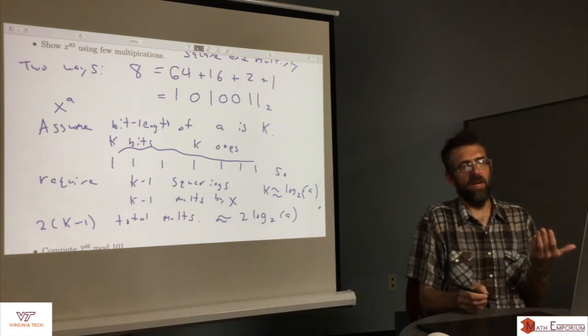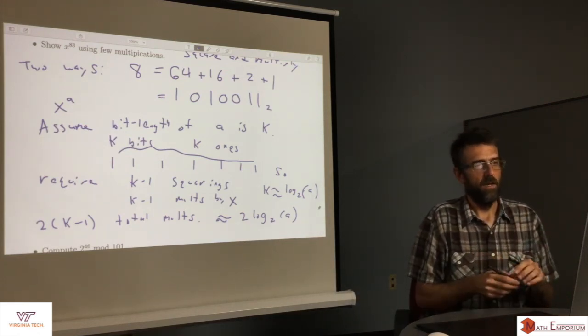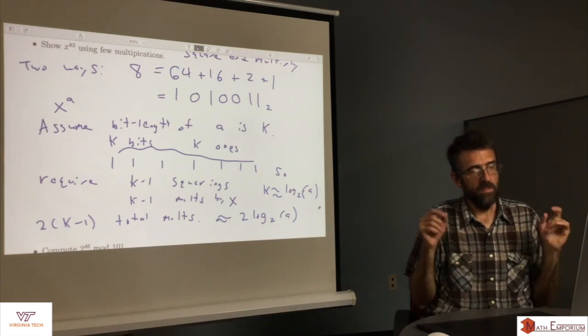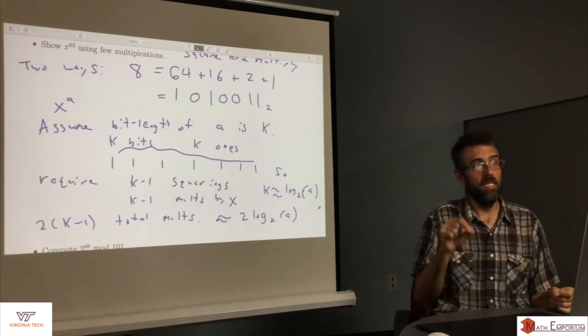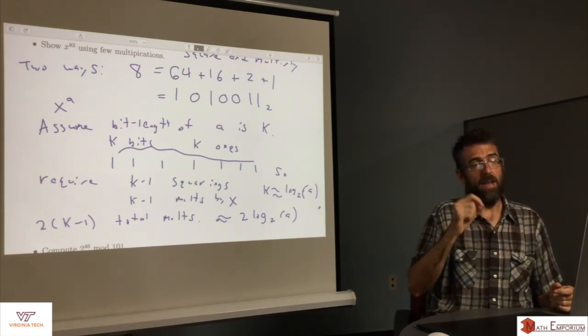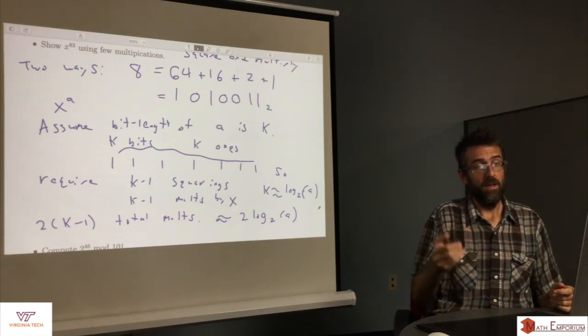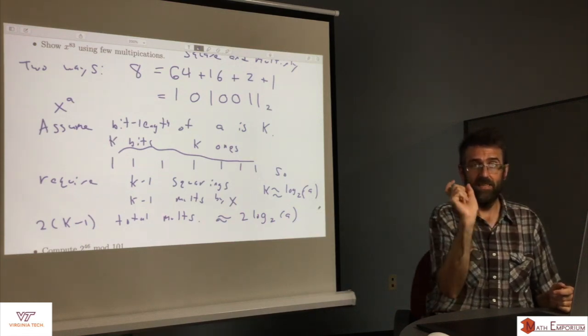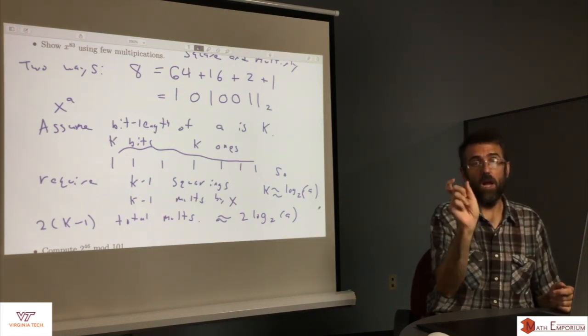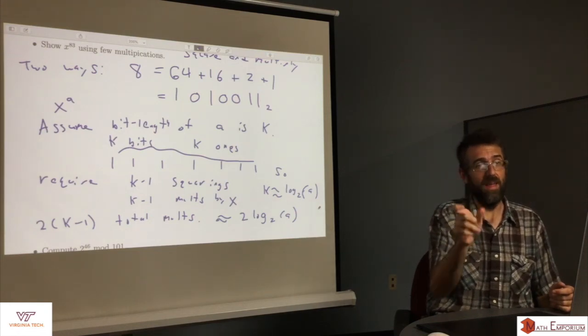That's great news. It's telling us that, at least in terms of the number of multiplications we need, this left to right binary square multiply algorithm is linear in the log of the exponent, so linear in the bit length of the exponent.